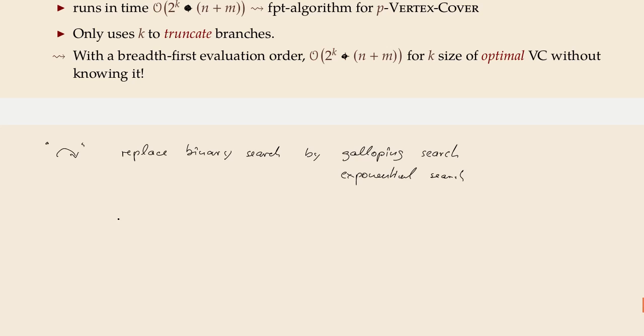Binary search would be always cutting in half and then locating some point in a certain interval, whereas galloping search starts here and first always doubles the distance, and then when it found a value that's too large, it goes back by binary search and finishes off the search. Okay? I think you can imagine what that looks like.